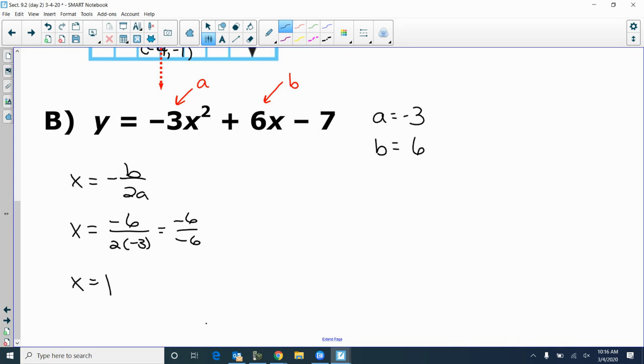So now this becomes y equals -3 times 1 squared, plus 6 times 1 minus 7. Substitute that in, see what you come up with.